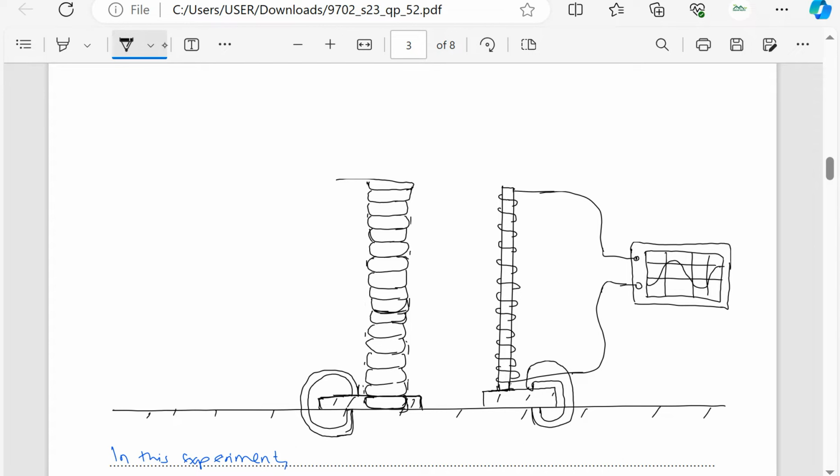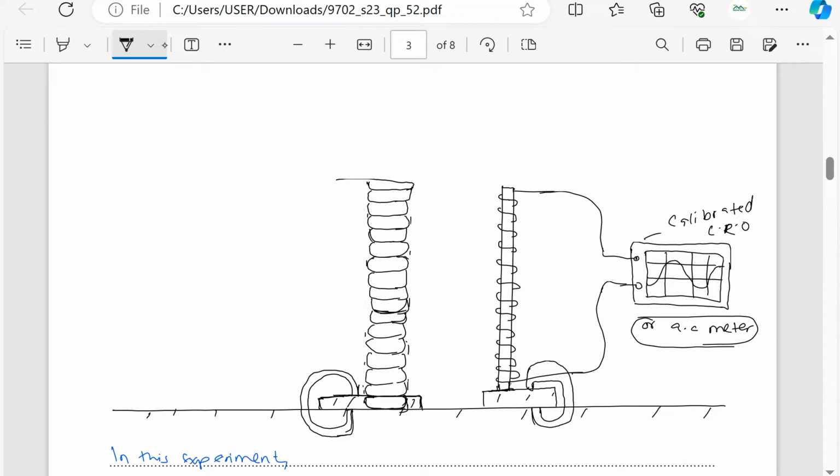So this is a calibrated CRO. But I said you could use an SC meter instead of a calibrated CRO.